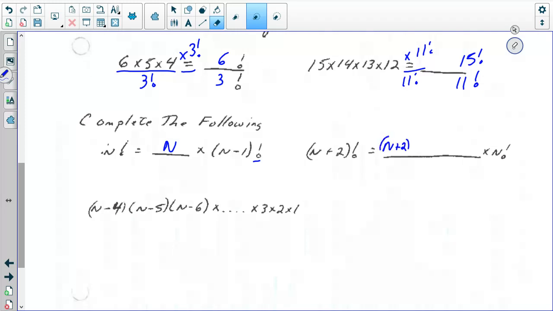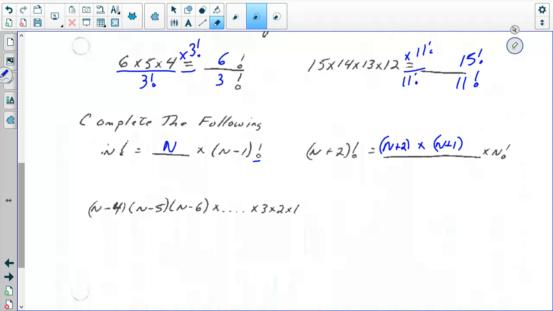We're going to have n plus 2 times, what's 1 less than n plus 2? n plus 1. What's 1 less than n plus 1? n. Okay. There's my expansion of n plus 2.